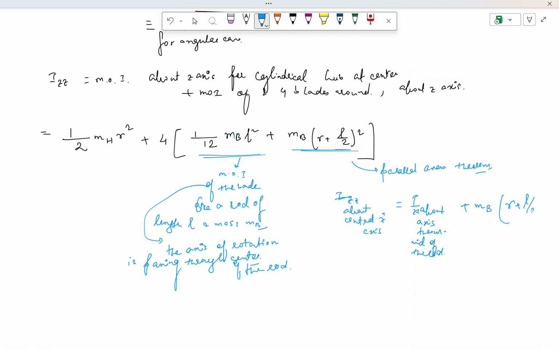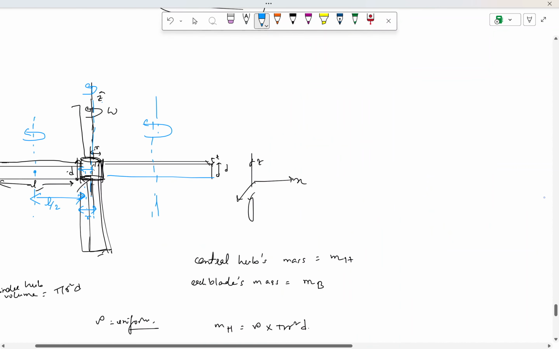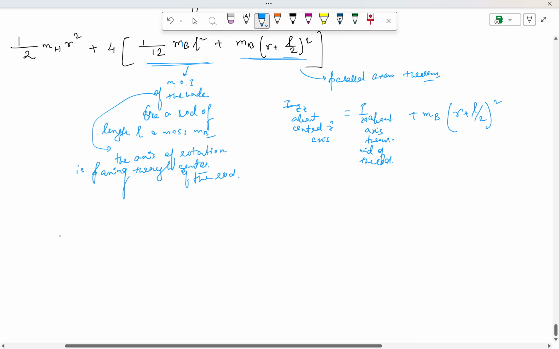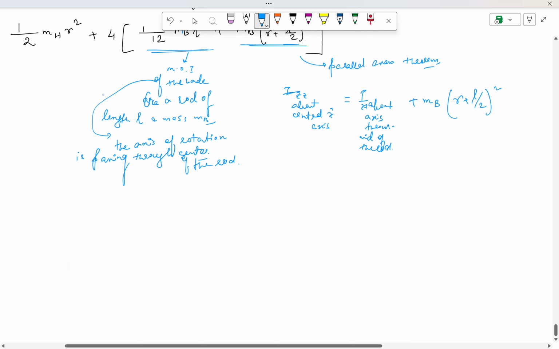In this case that is (r plus L by 2) whole square, because this length was L by 2 and this length was given as r in the question. So from this center to this center the length is r plus L by 2. So this we mark as question number 1.